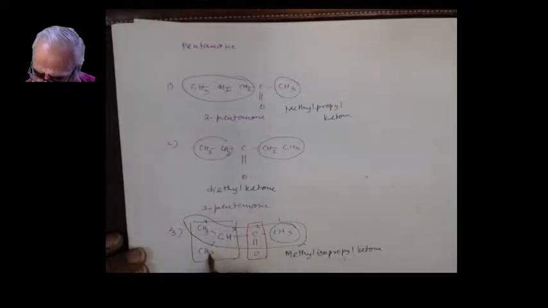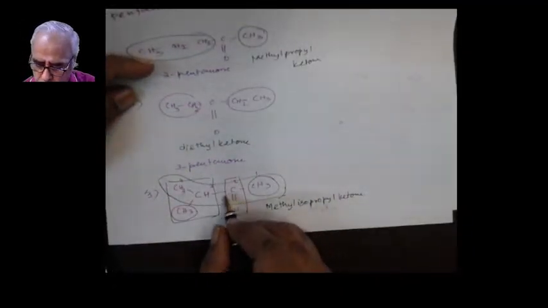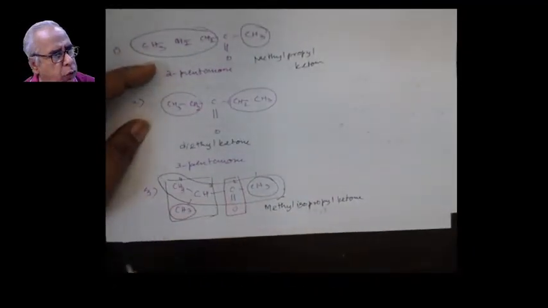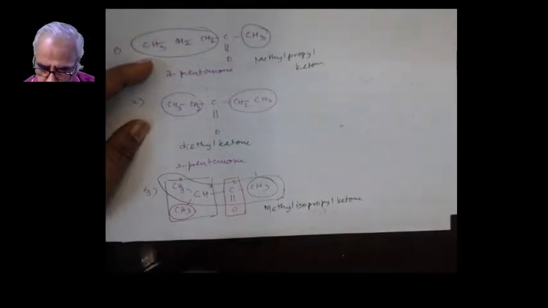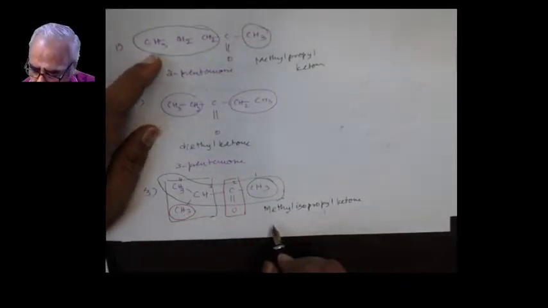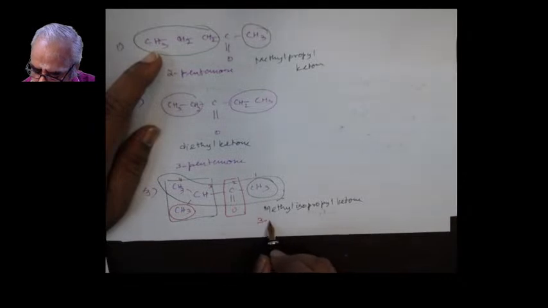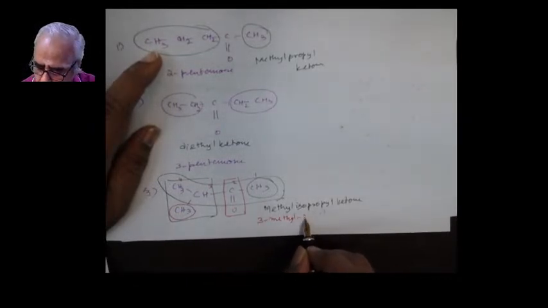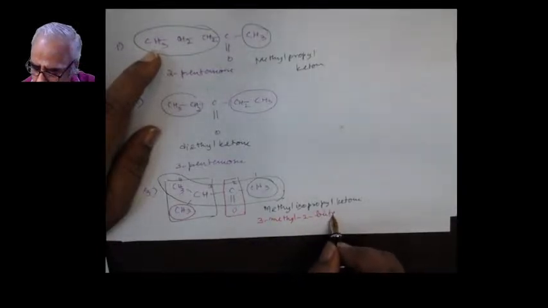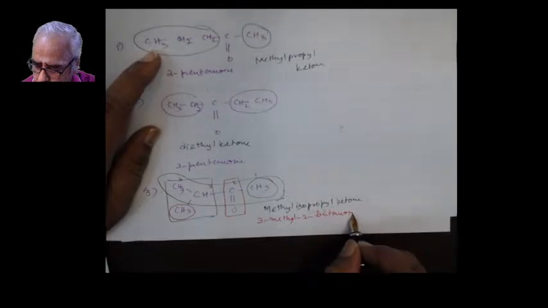In the third position, you have the methyl substitution. So you can call it butanone, 2-butanone, and 3-methyl. So this is called 3-methyl-2-butanone. Are you able to follow?